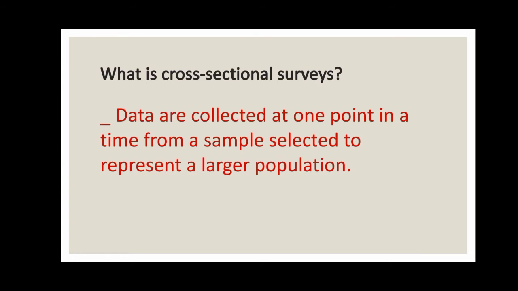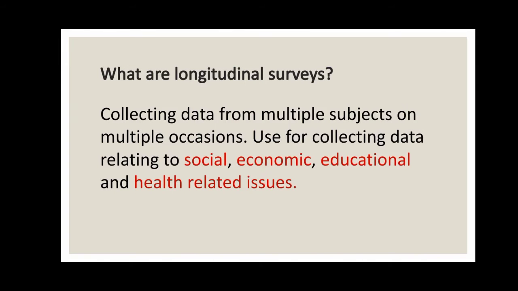Cross-sectional surveys are when the data are collected at one point in time from a sample selected to represent a larger population. On the other hand, longitudinal surveys collect data from multiple subjects on multiple occasions, used for collecting data relating to social, economic, educational, and health-related issues.